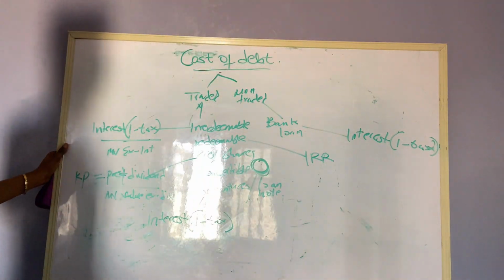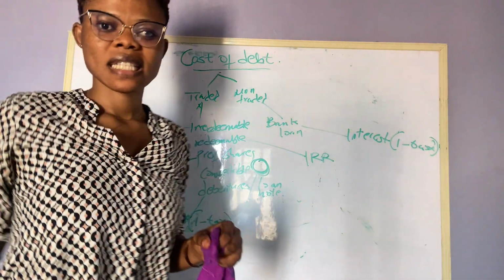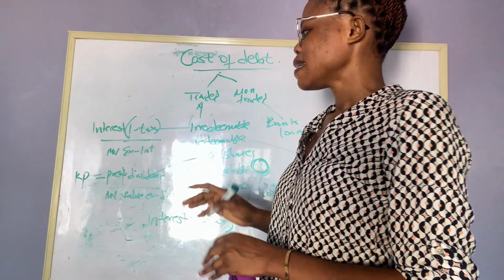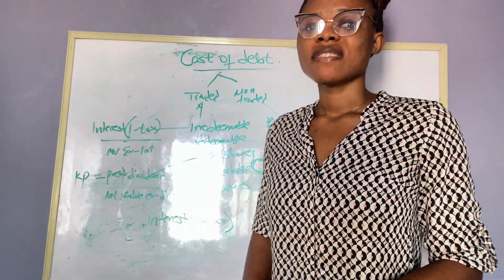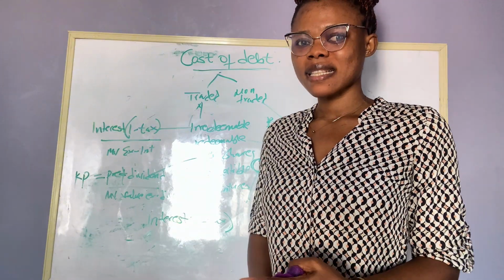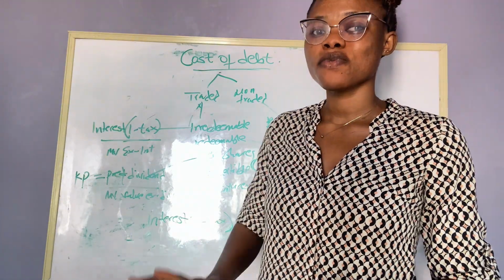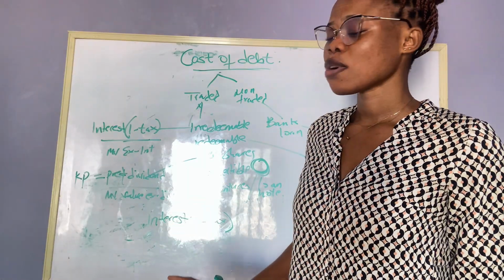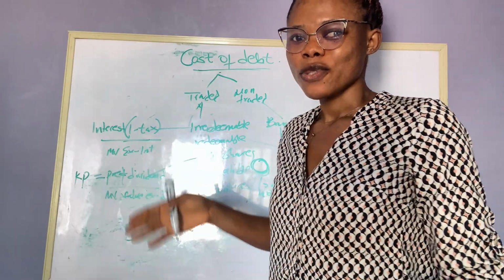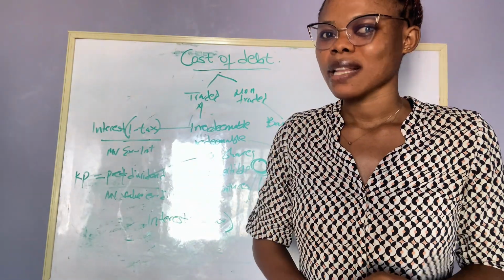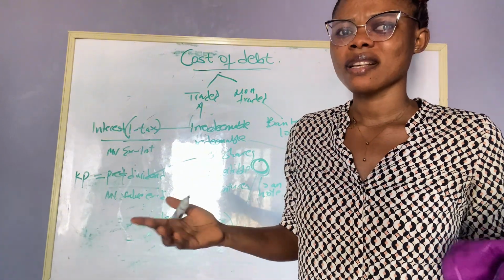So you can see these are the various formulas. But one thing I want you to understand is that when it comes to SFM, there are different formulas. Different textbooks have their different formulas. So whichever YouTube video you decide to watch, you have to stick to that. It might be that I use this formula now, the next video you watch might use another formula, and at the end of the day you get confused and say it's not the same formula.